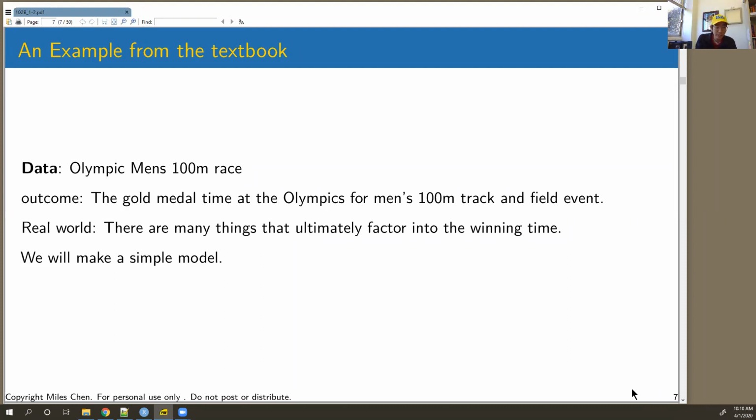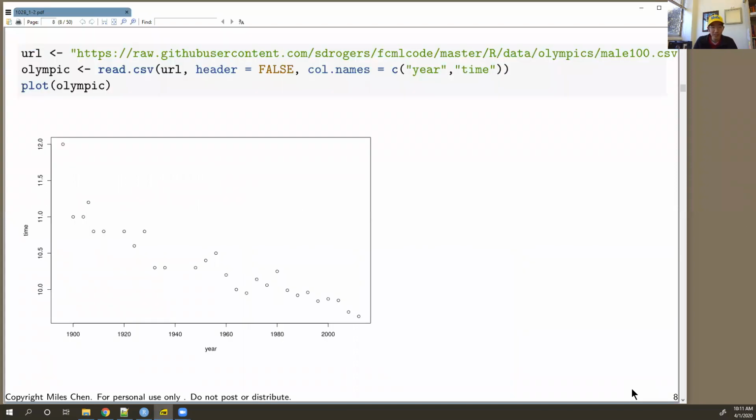But anyway, here's an example that comes from the textbook. We are looking at data from the Olympics, the 100-meter dash track and field event, and we are looking at the gold medal winning time. I think it starts off in around 1896 and goes up to maybe 2012, something around there.